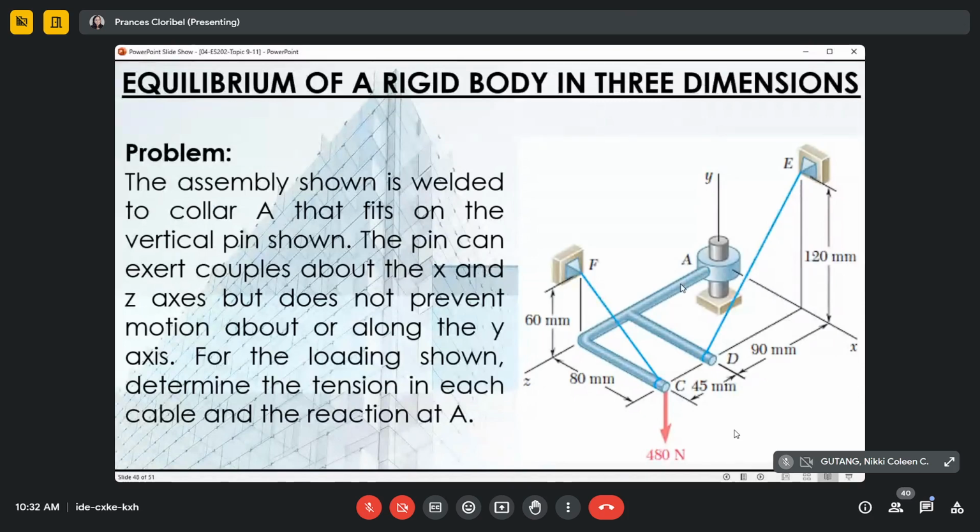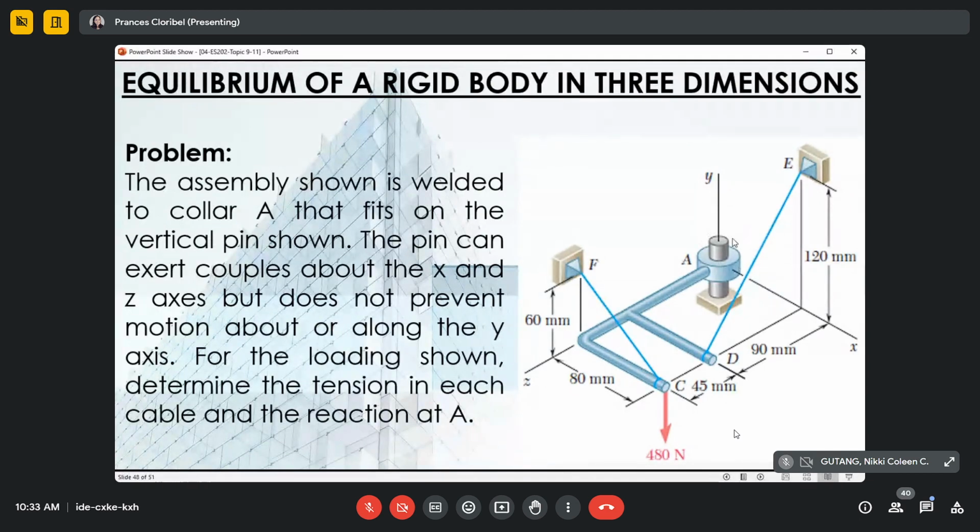Just like this problem, this pin at A can exert couples about the x and z axes. Let us analyze the figure. Our pin is not restricted to move along the y-axis because this is a rod, which means it can be rotated about the y-axis.